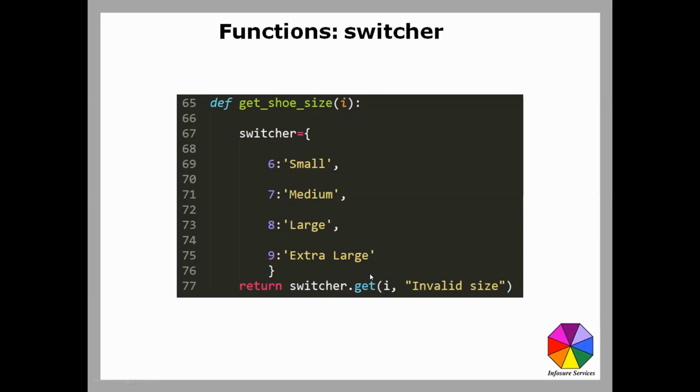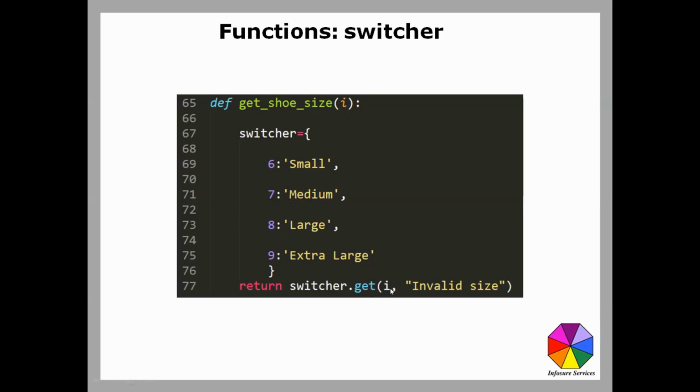So switcher dot get 7 will return the value. Since this is key value pairs, it will return the value medium. And while calling the function, if I do get shoe size of 9, it'll show extra large.